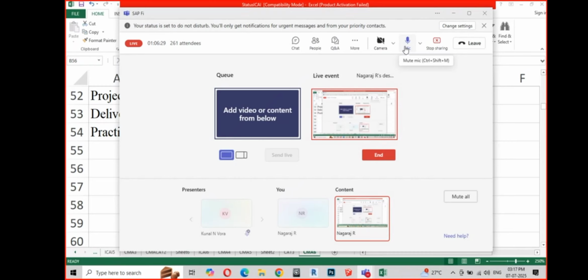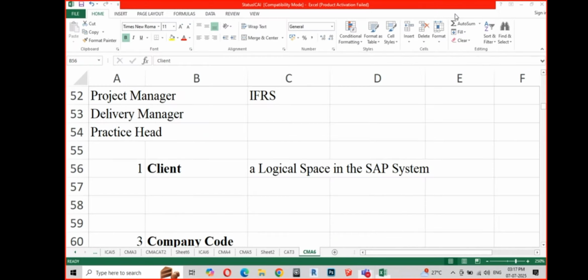Perfect. So, Kunal, I just saw a few questions as to they would want me to show this on the live SAP system. I don't know when this is going to be possible, but if it is possible, definitely I'm going to show this on the SAP system. You don't have to worry about it.